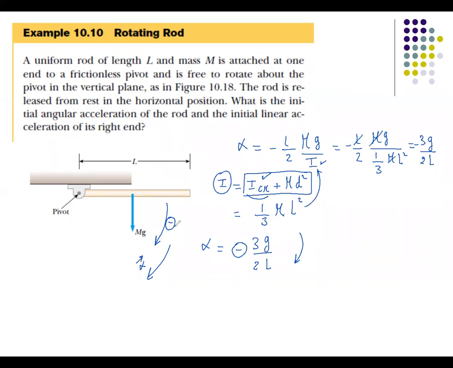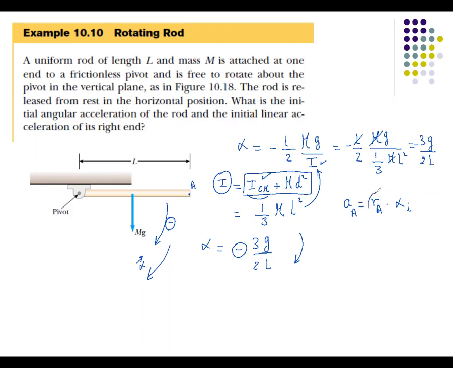Now I want to calculate the linear acceleration. We have a relation between a and alpha: a equals R times alpha. I want a for the point A at this side, equals R_A times alpha.